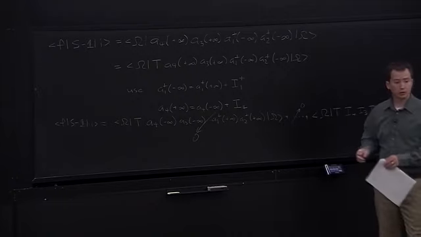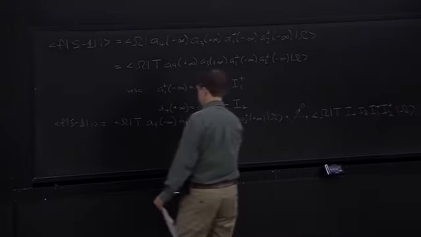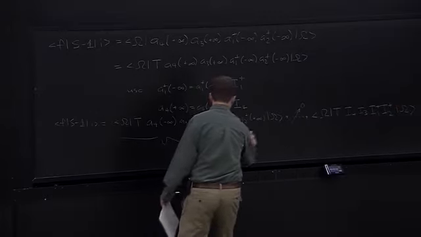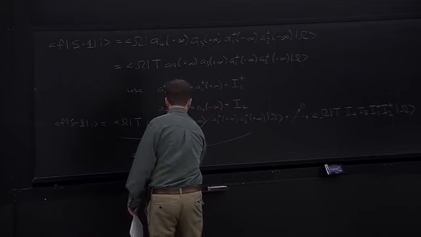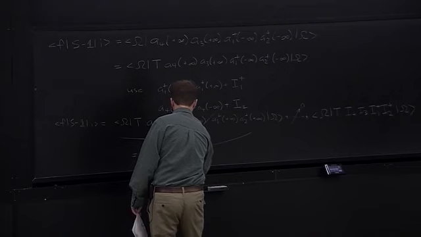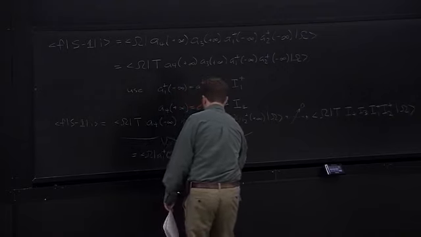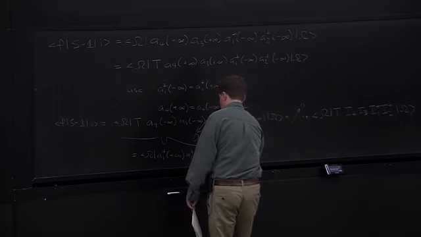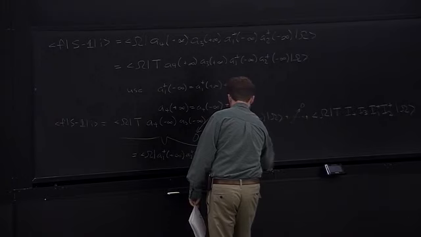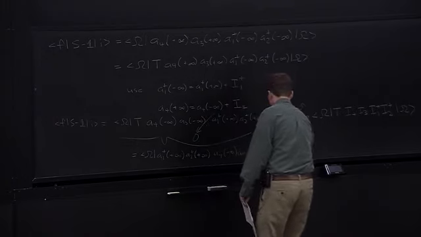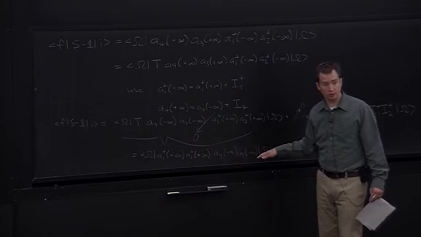So, could you repeat again why the first term is 0? Yes, that's because this first term, due to the time ordering, is equal to omega A1 dagger of plus infinity, A2 dagger of plus infinity, A4 of minus infinity, A3 of minus infinity. And we're still assuming that the annihilation operators annihilate the vacuum.